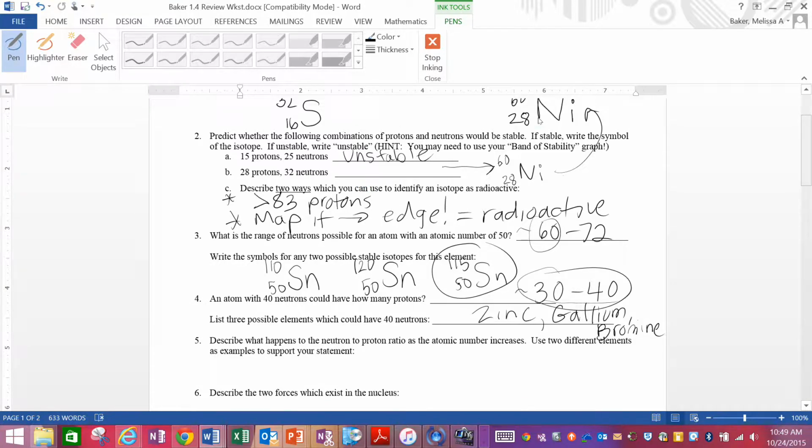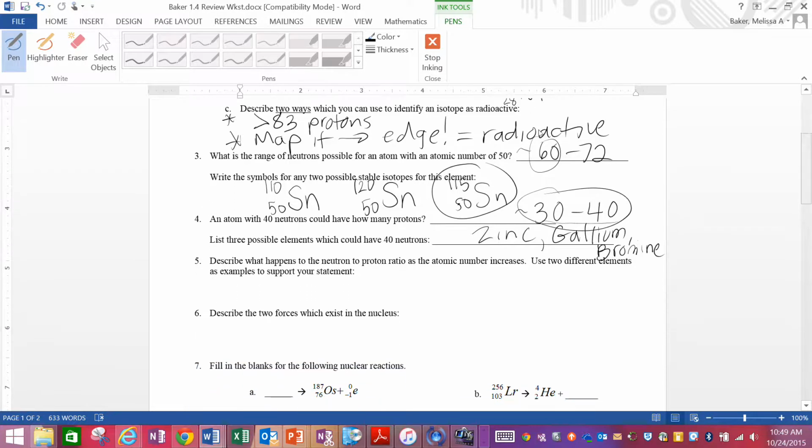Number 5. What happens to the neutron to proton ratio as atoms get larger? Use two different elements as examples to support this. So, as your atomic number increases, the neutron to proton ratio increases.